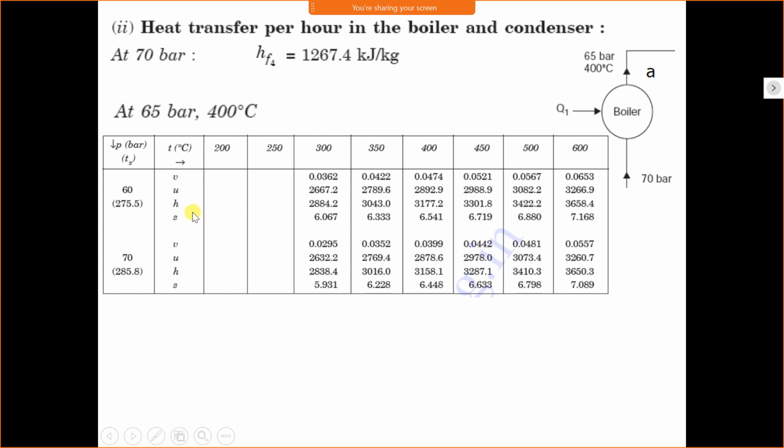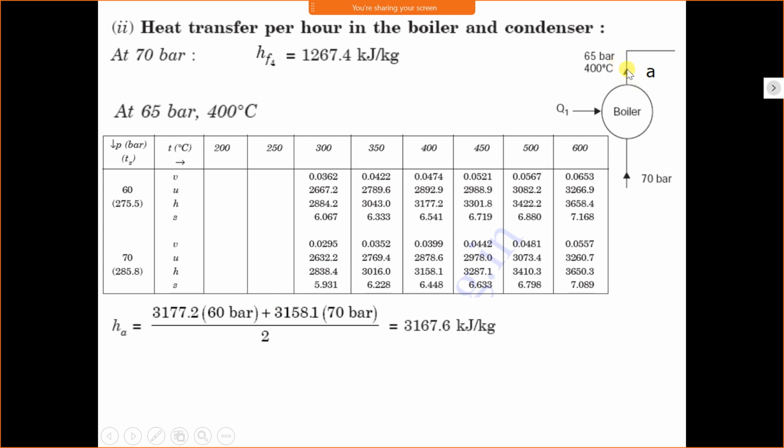Now the enthalpy of steam at 60 bar and 400 degrees Celsius is 3177.2 and at 70 bar is 3158.2, and we have to take the average of these two values: 3177.2 plus 3158.2 divided by 2 is 3167.6. It is the enthalpy at this point A.